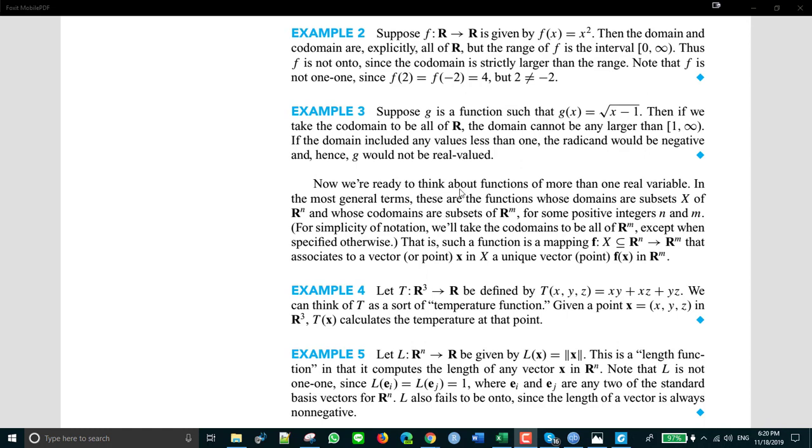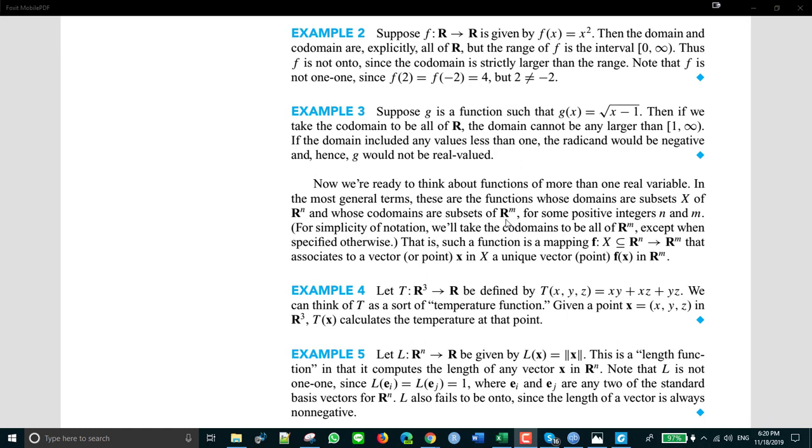Okay, now we're ready to think about functions of more than one real variable. In most general terms, these are functions whose domains are subsets X of Rn. So we're talking about functions whose domain is Rn or some subset of Rn, and whose codomains are Rm.